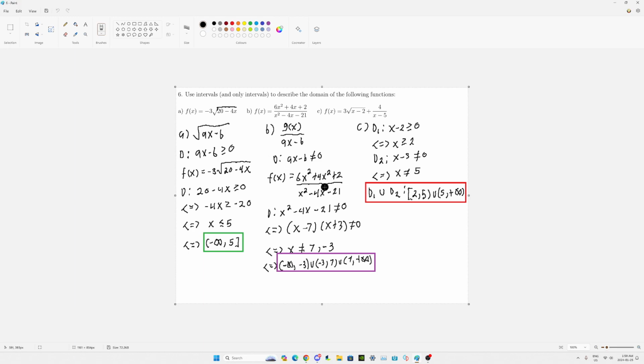So if we have f at x equals this, we take the bottom and say it does not equal 0. You can factor this. If you are not comfortable with factoring, you can just use the quadratic formula, of course. If you are able to factor, you don't have to use the quadratic formula. Some people ask, am I allowed to skip steps? Yes, it's not even necessary.